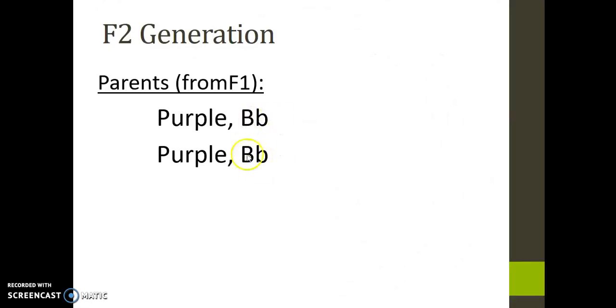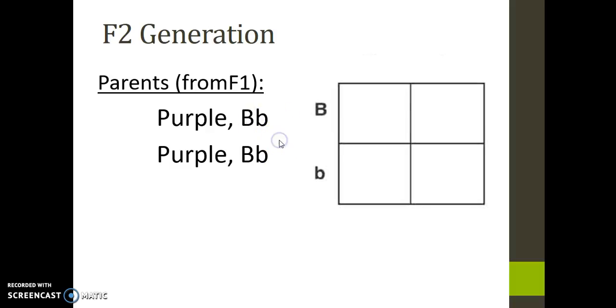Okay, so this is what we're working with. Both are going to be purple phenotypes with a heterozygous genotype. Okay, so you pull down and across, and this offspring would have a homozygous dominant genotype. So we'll continue that. We'll pull down and across, and that's what you end up with.